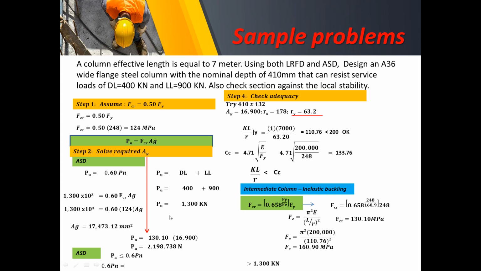So your 60% of the nominal strength will be equal to 1,319,242.56 newtons, and that is equivalent to 1,319.24 kilonewtons, which is greater than 1,300 kilonewtons. So therefore, your trial section 410 by 132 is still adequate.